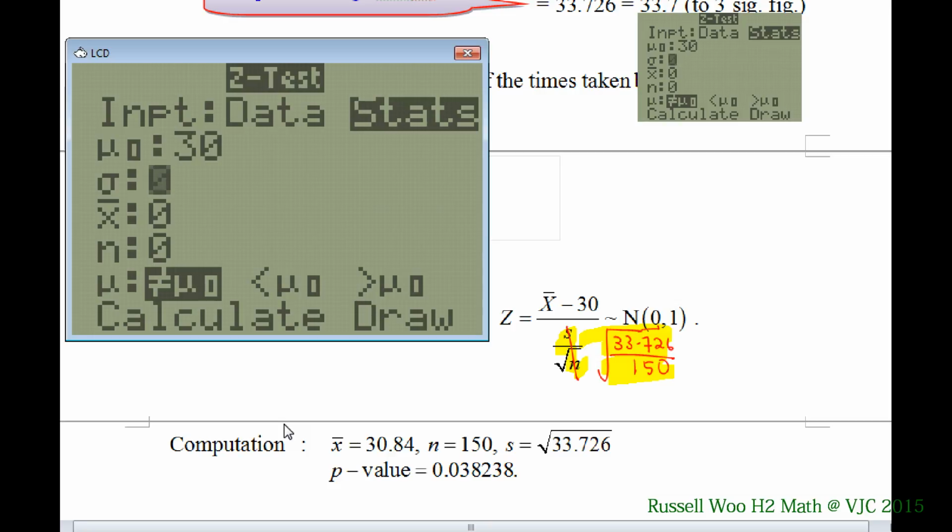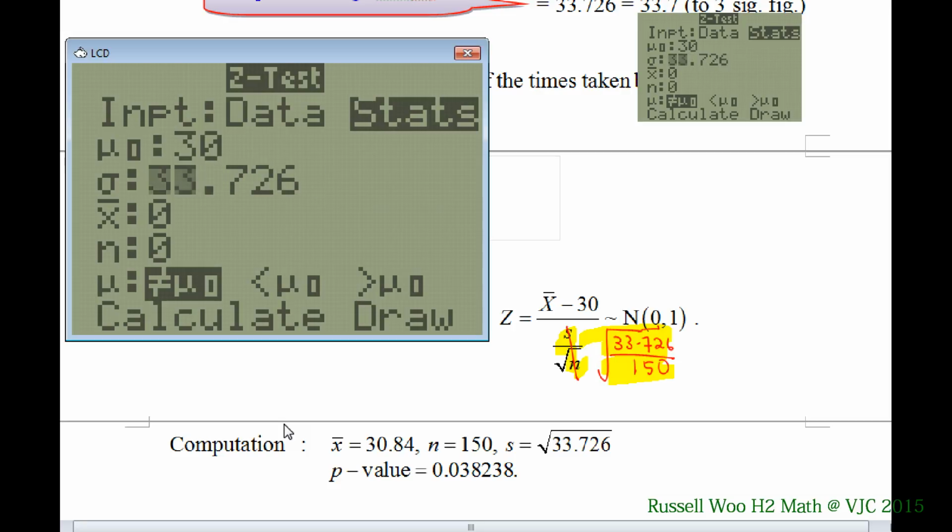So in the case that you don't know the population standard deviation, you use the unbiased estimate. In this case, we do know the unbiased estimate, which is 33.726. Oh no, square root, sorry.